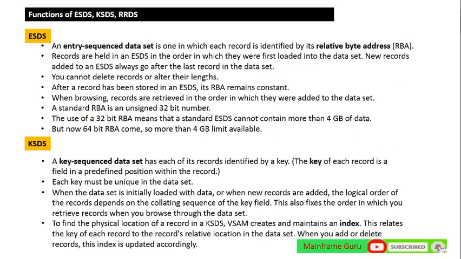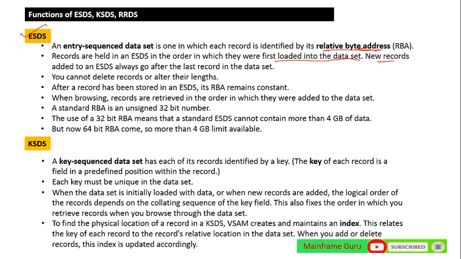And what are the functions of ESDS, KSDS, RRDS and LDS files? In ESDS, an ESDS dataset is one in which each record is identified by its relative byte address. Records are held in an ESDS in the order in which they are first loaded into the dataset.